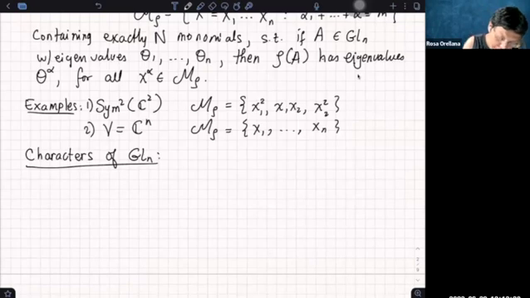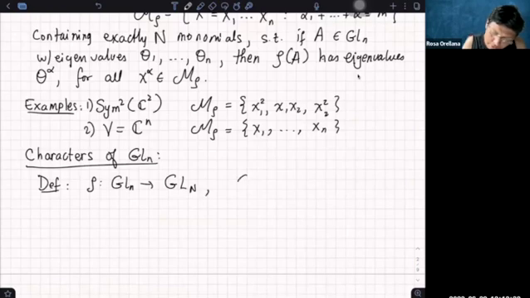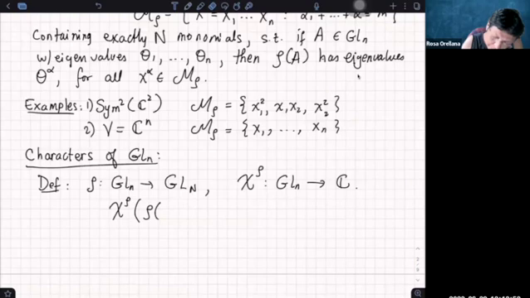So the character of any representation rho of GLn, we can define a function chi corresponding to this representation that goes from GLn to C. And what this computes, if you want to compute the character of the representation, is: you take an element A in the group, and you compute the trace of rho of A.